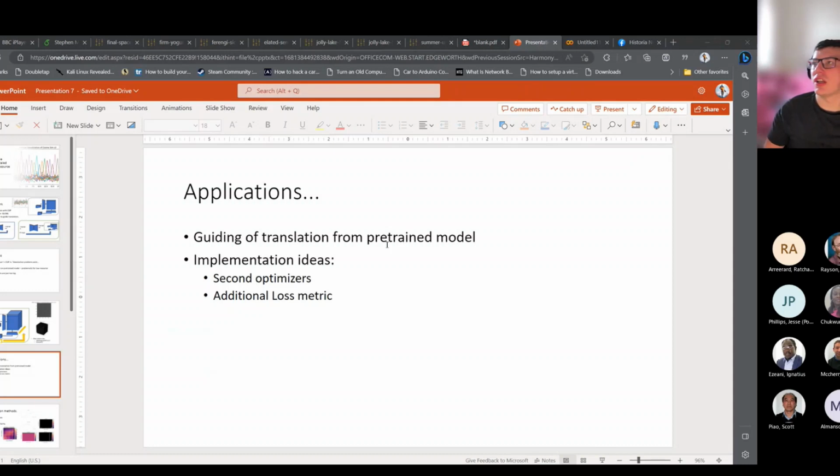So you could say that if I believe in universal language theory, and I can assume that an encoder represents all English interpretation as visually grounded, and I know that other languages have that subset, I can assume that using my pre-trained model can easily guide these other encoders. And so you could implement this with a second optimizer in training or an additional loss metric as weighted. And I've tried both of them at various times, and they work to varying degrees depending on the method I've used.